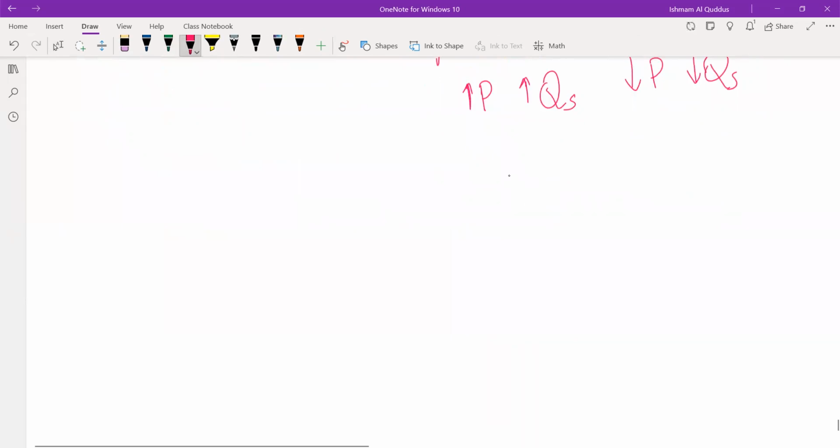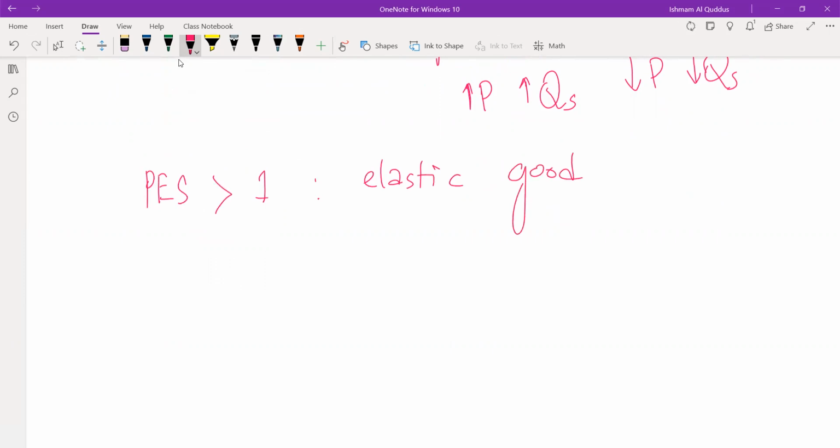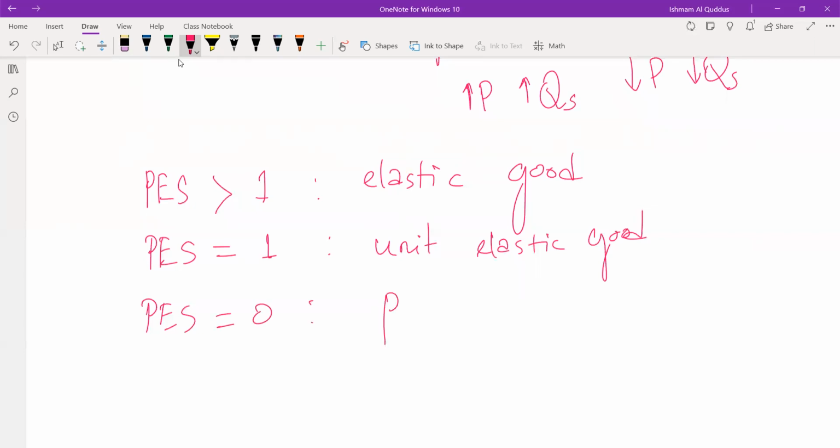Now, for different values of PES, let's say PES is greater than 1. This represents elastic good. If PES equals 1, this represents unit elastic good. And if PES equals 0, this means perfectly inelastic good.